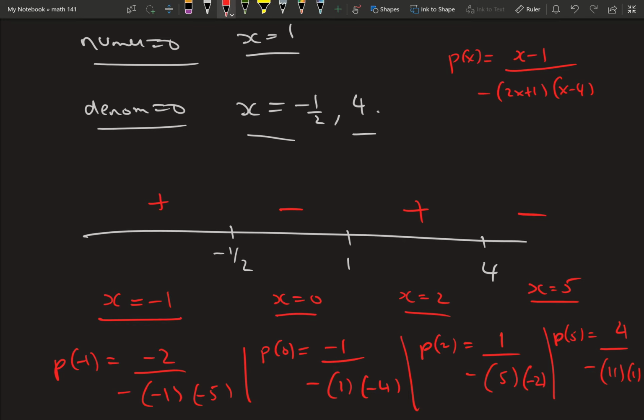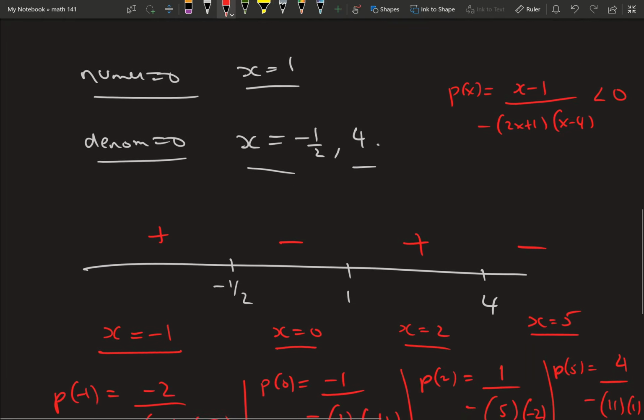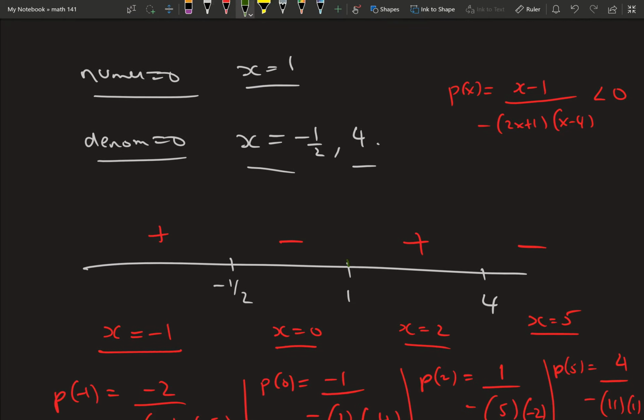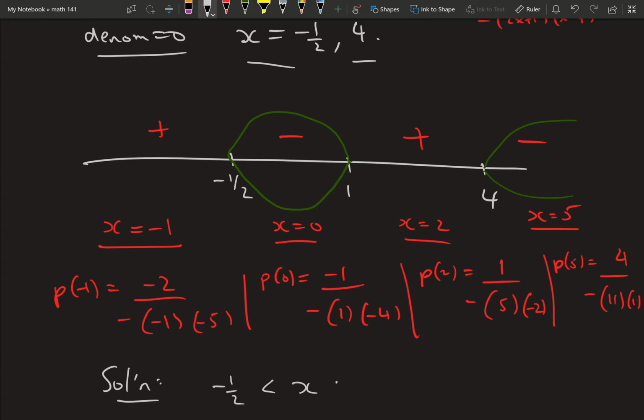So what do we want? We want this thing to be less than 0. Okay, we want p of x to be less than 0. And that occurs right here as well as here. So our solution then is x has to be between -1/2 and 1, or x has to be bigger than 4.